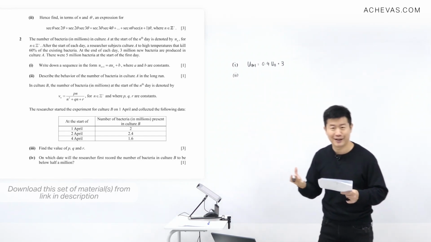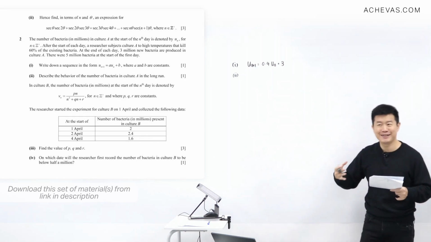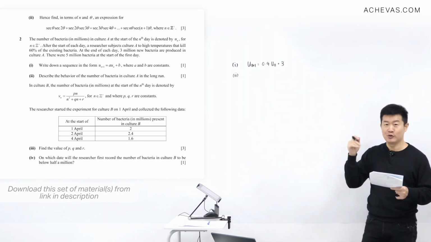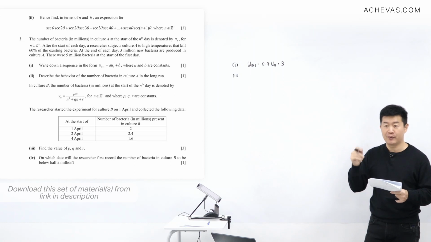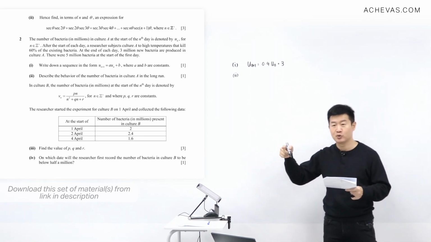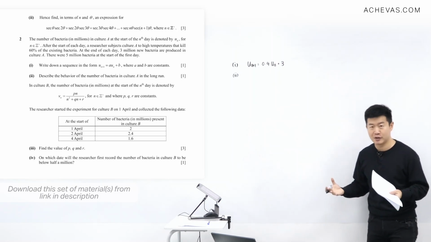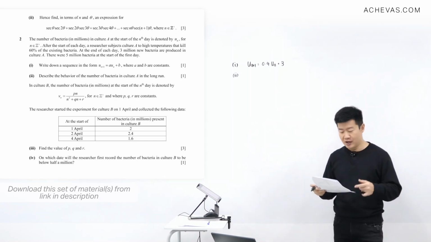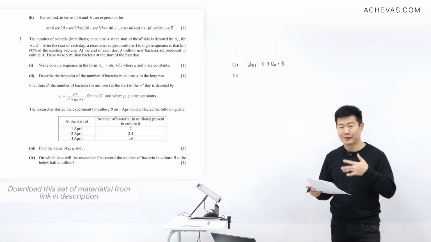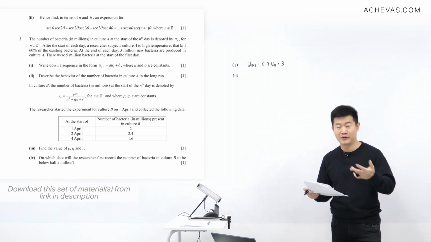That is about using your calculator, switching the mode from function, parametric, to sequence. But we don't really learn that in our H2 math, so I'm not entirely sure whether their solution is relevant to our H2 math.